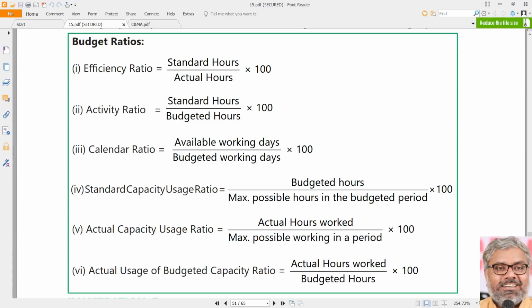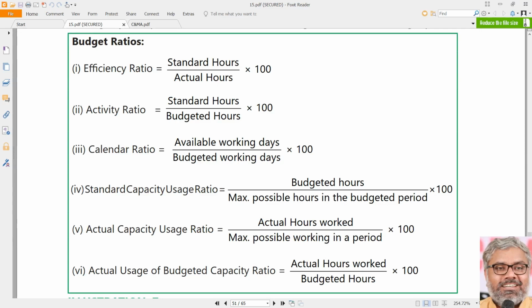Then the fourth ratio is the standard capacity usage ratio. In this, the denominator is the maximum possible hours in the budgeted period. How many hours are maximum possible hours according to the plan, according to the budget? In that, how many hours are actually budgeted? In other words, what percentage of capacity is contemplated to be used? Maximum possible hours is different, budgeted hours is different.